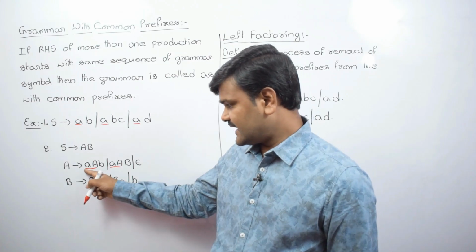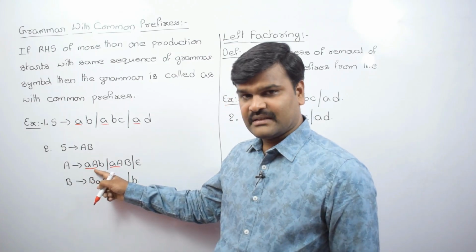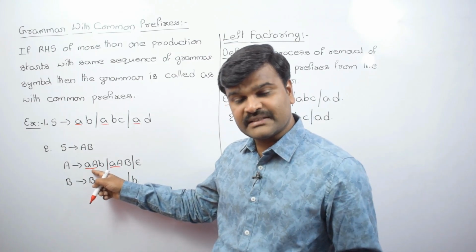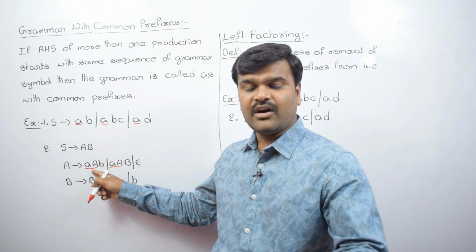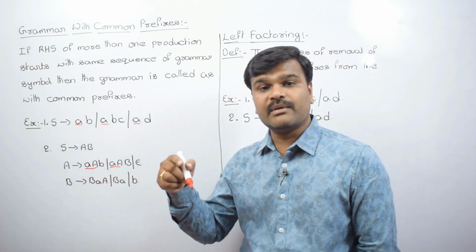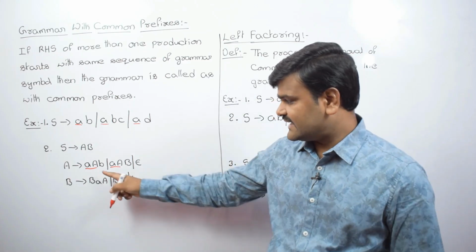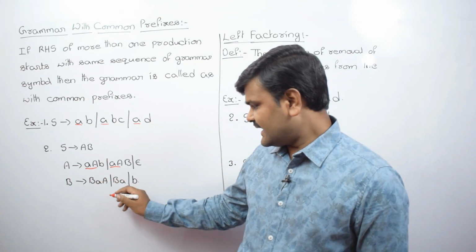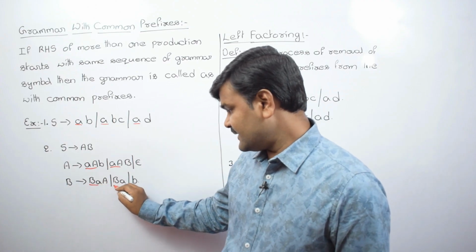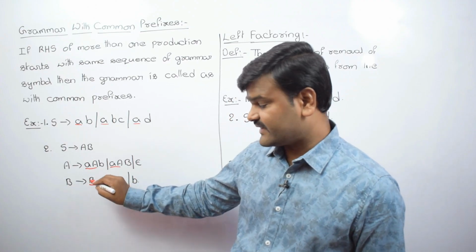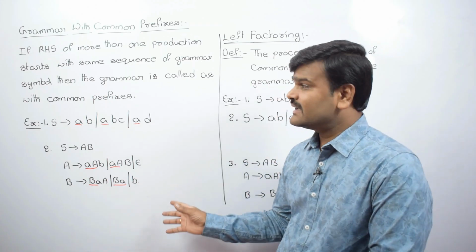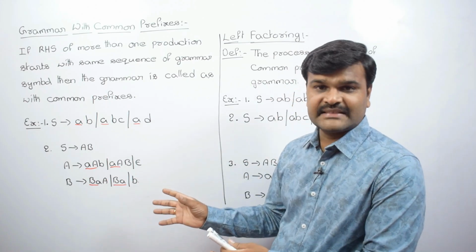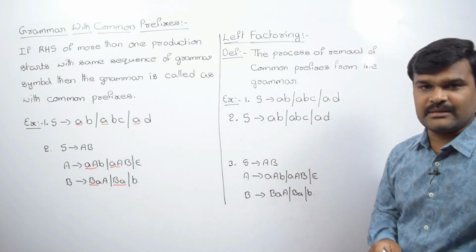So terminal, non-terminal, or sometimes both may be terminals, both may be non-terminals. All combinations are possible in common prefixes. Here A, small a, small a, capital A, and here also BA and BA, this entire thing is a common prefix. We have to convert these into a grammar without common prefixes.